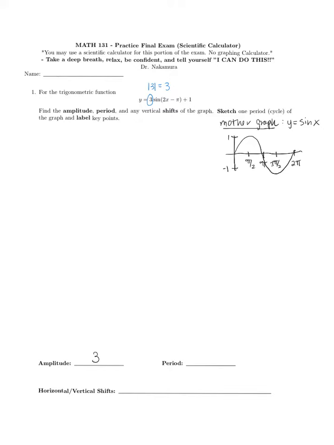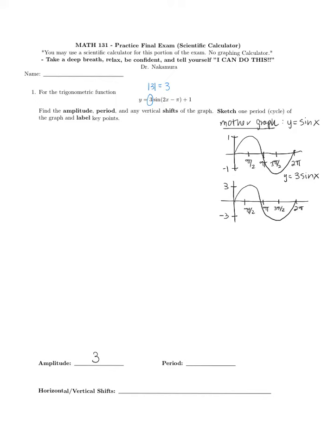Okay, so let me just draw that one out. So if I have y equals 3 sine of x, this is what's going to happen. So again, this is 2 pi, 3 pi over 2, and then pi over 2.